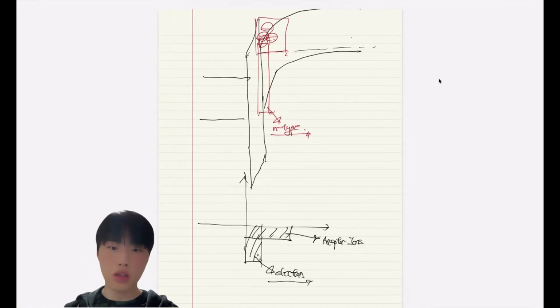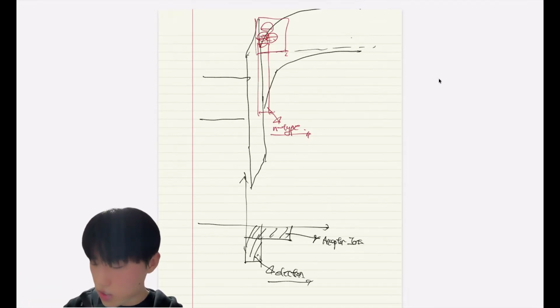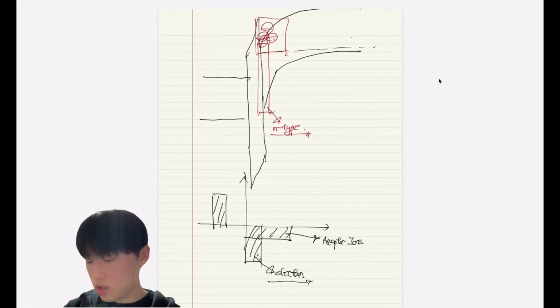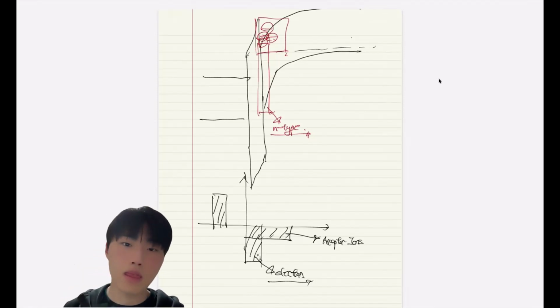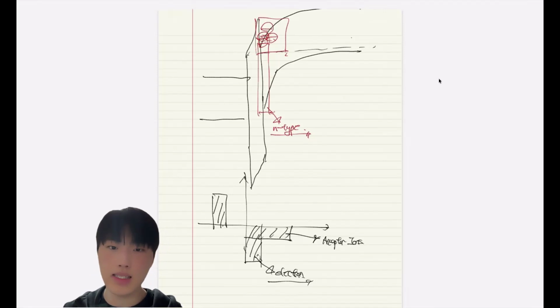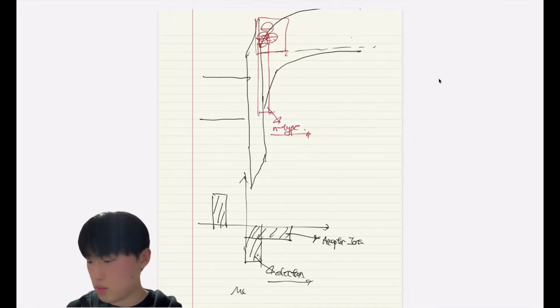So there are two kinds of charge density on the body side, and there will still be some kind of charge on the gate side. So this is some kind of MOSFET.